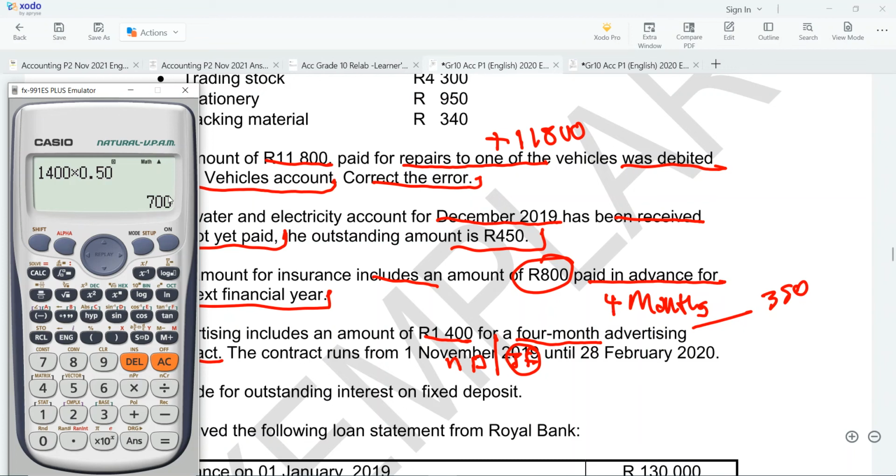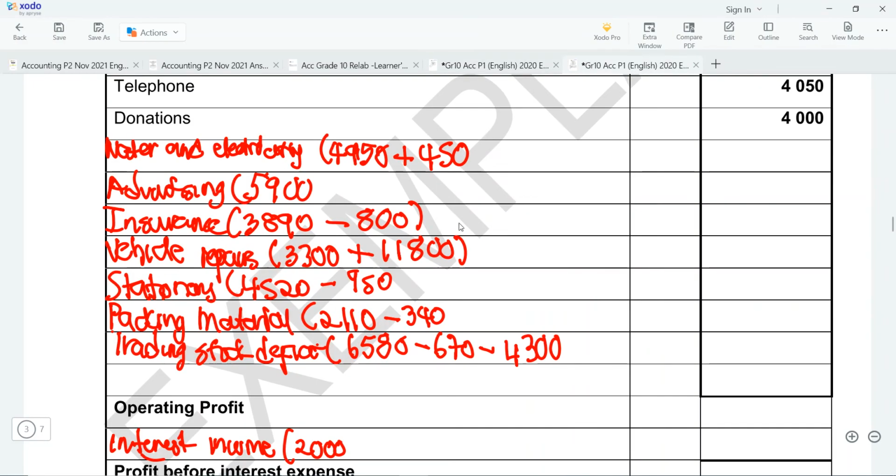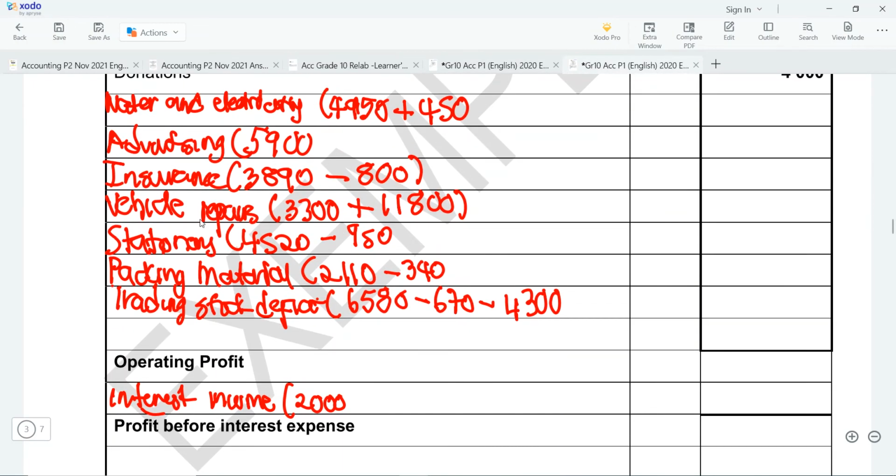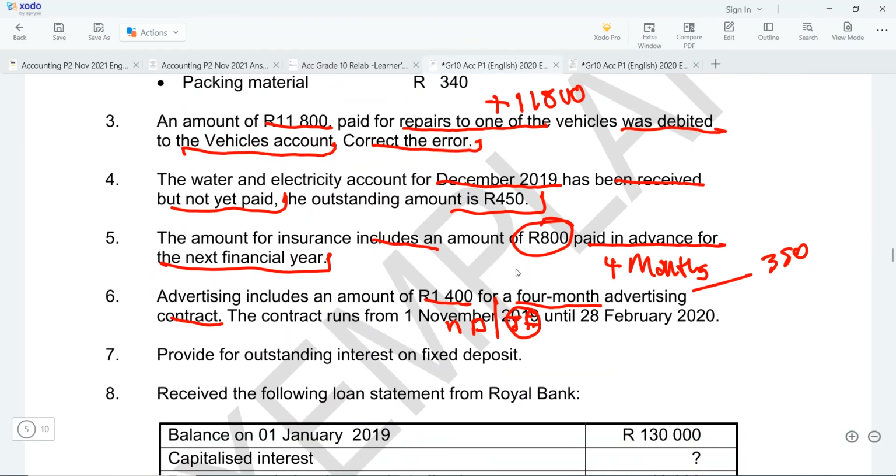So we're supposed to subtract the 700. It is also regarded as a prepaid expense. Okay, so we're going to minus the 700 here under advertising. And then from there, we'll move to the next section.